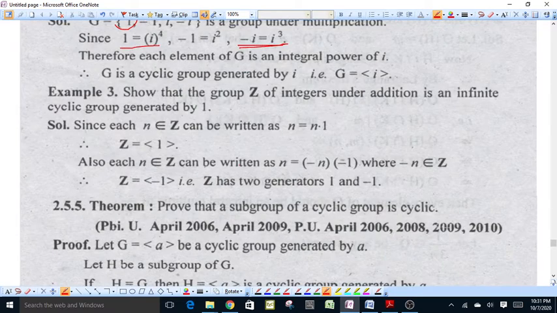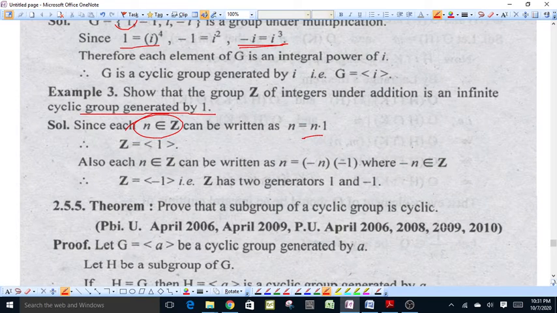Next, we have to show that group Z of integers under addition is an infinite cyclic group generated by 1. Each integer can be written as n is equal to n into 1.